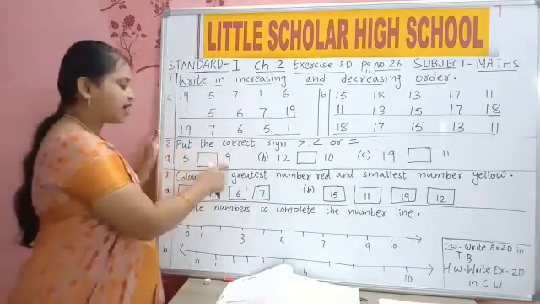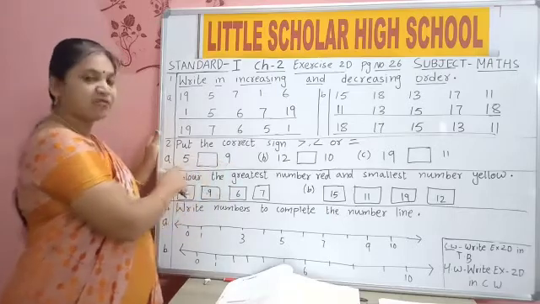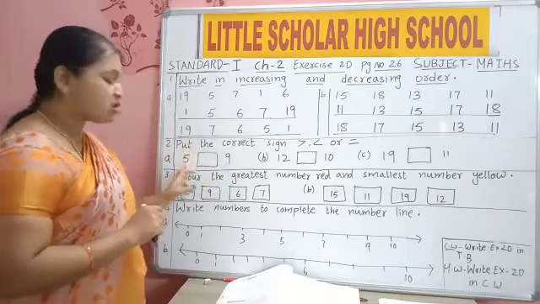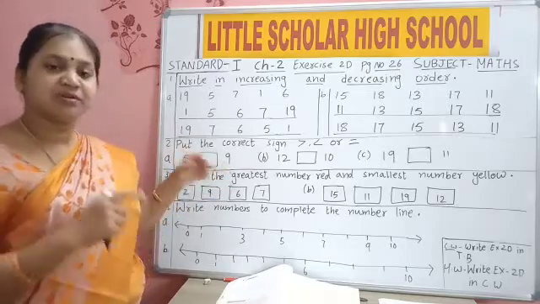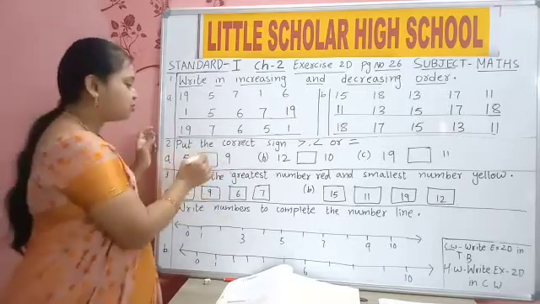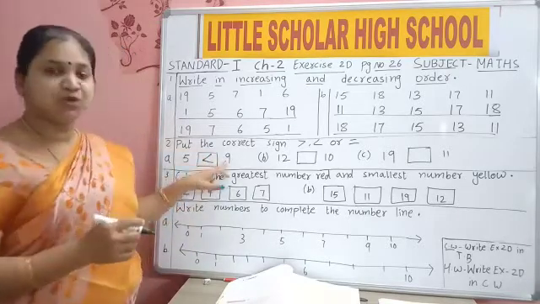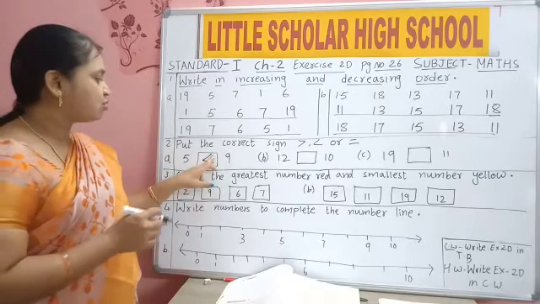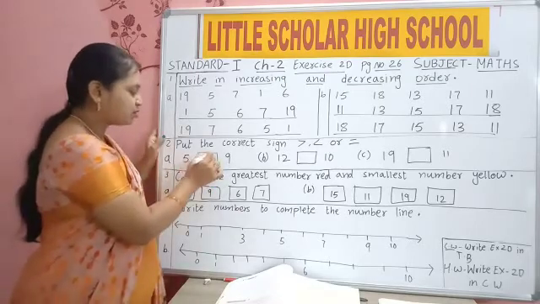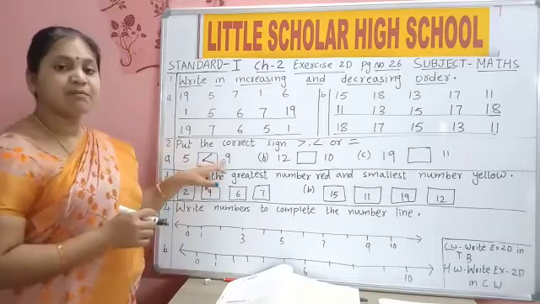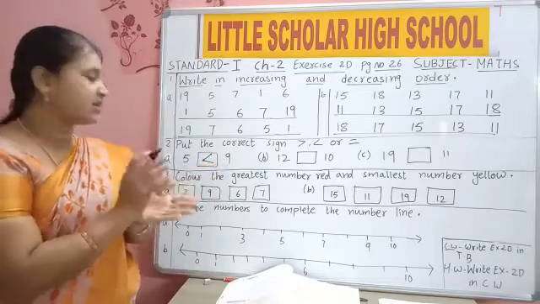Now 5 and 9. Is 5 greater or 9 greater? Yes, 9. 9 chocolates are more. So the mouth should be open towards the greater number 9. This is the open mouth; this is the closed mouth. Always the mouth should be open towards the greater number.